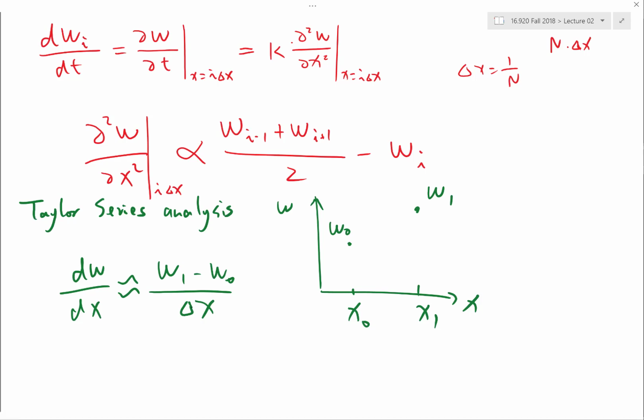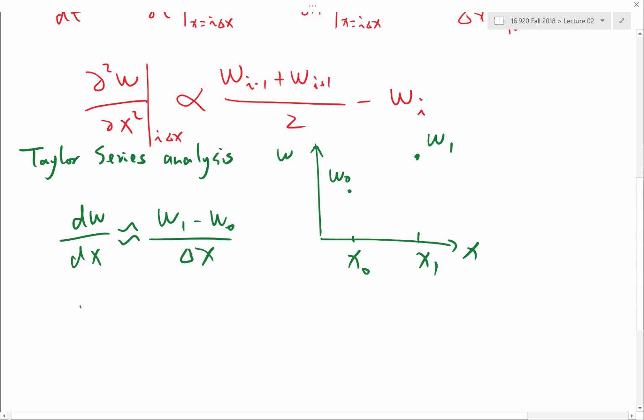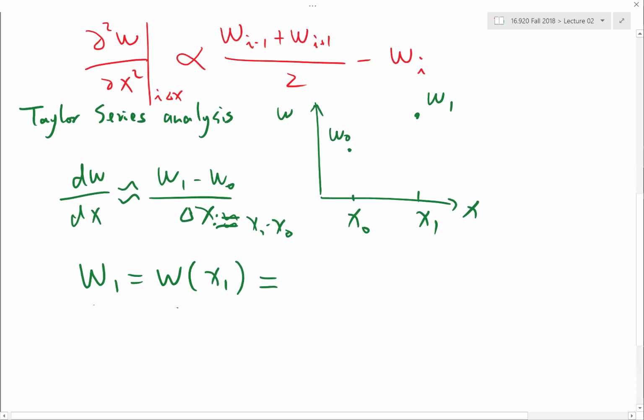Why is that? That's because w1 is w at x1. By the way, delta x is defined as x1 minus x0. So w(x1) can be expanded into this so-called Taylor series. First of all, the first term of the Taylor series is w at x0.